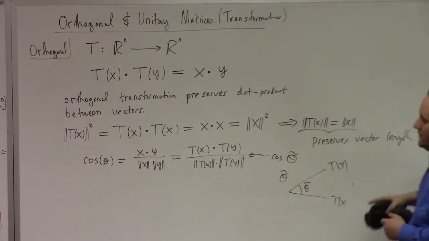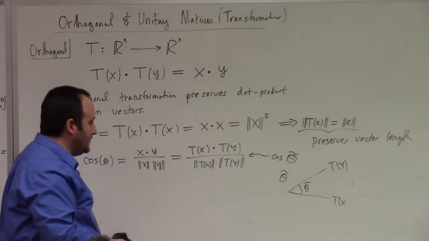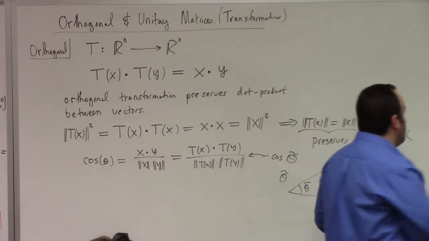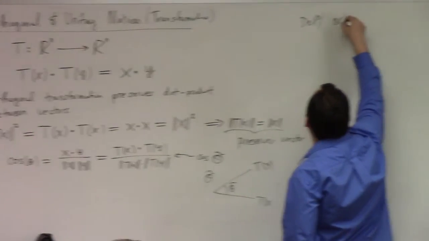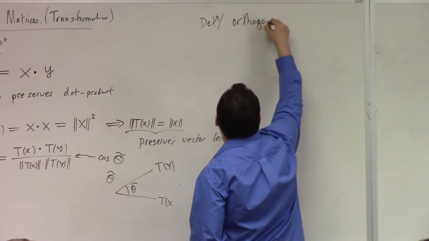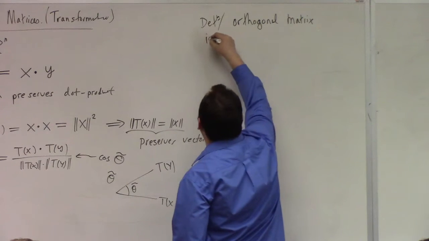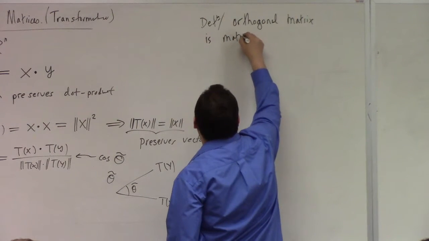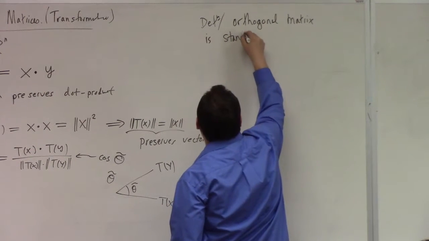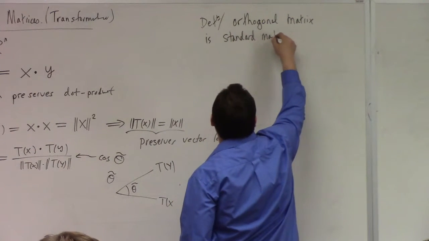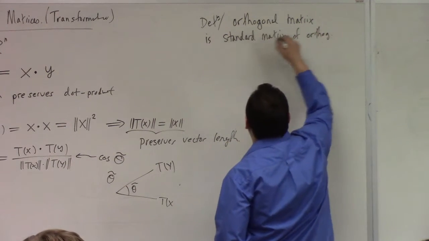So this right here is a characterization of a linear transformation, but we'd like to define an orthogonal matrix. So, definition: an orthogonal matrix is the standard matrix of an orthogonal transformation.